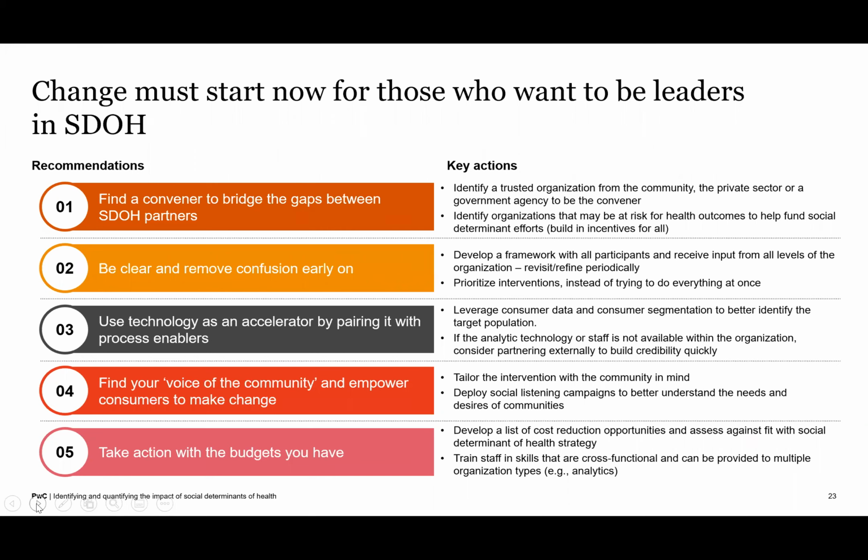We're going to spend a lot of time today on how you can use technology as an accelerator for this, and why it's very important to leverage consumer data and focus on consumer segmentation so that interventions can be tailored to the right people at the right place at the right time. And that also helps connect interventions to what the community actually wants and what they're going to respond to.